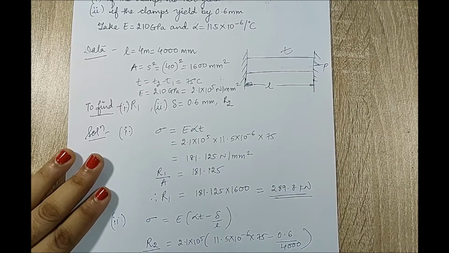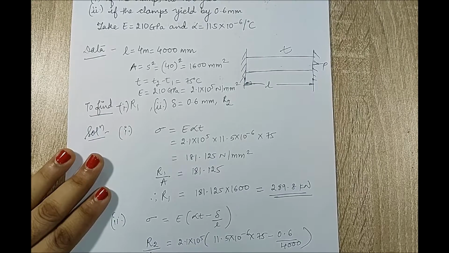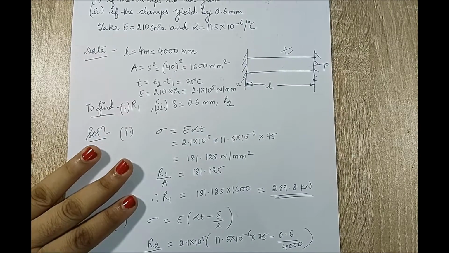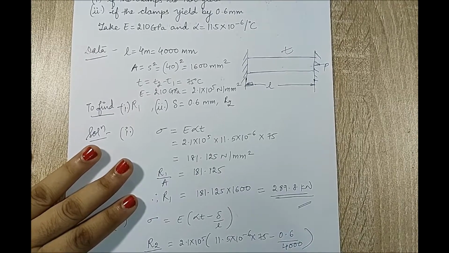So area is again 1600. So when I substitute, I get the value of R2 as 239.4 kilonewton. So these are the two answers that I have obtained.